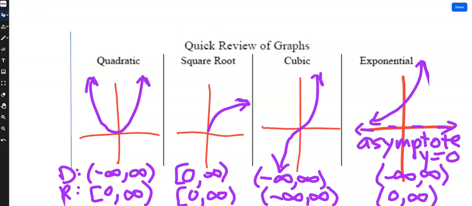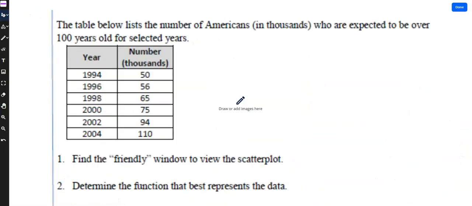Let's see what's next. Okay, our next question is listed here. It's a list of data. And one of the things that we like to do, now if you're using a graphing calculator, this is going to be like list 1 and this is going to be like list 2. And then instead of using 1994, we're going to use 0 and then 1, 2, 3.